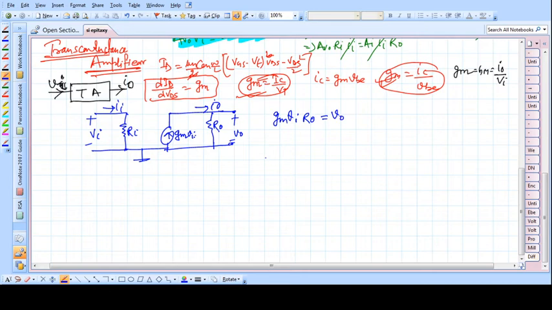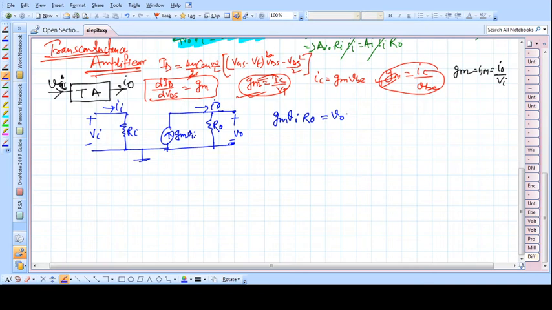Now if we take the short circuit, V naught will be 0.